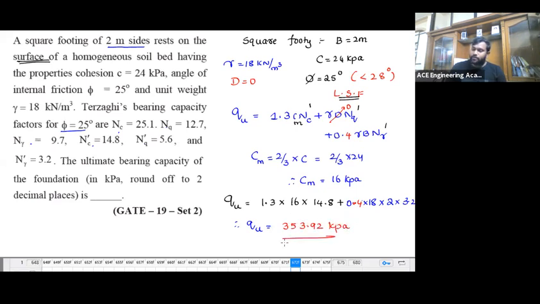You don't need to round it off because the value you get itself has 2 decimals. They are not asking to round off to the nearest integer. They are asking to round off to 2 decimals.